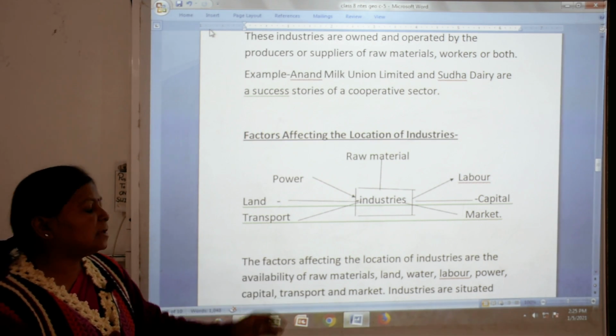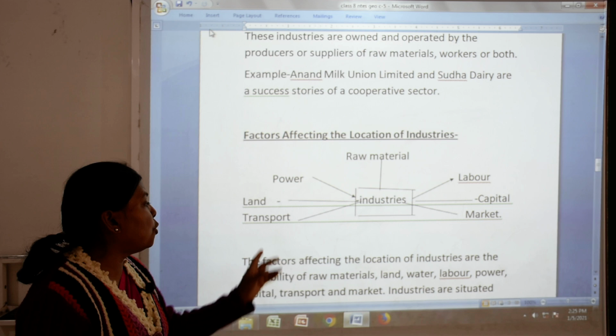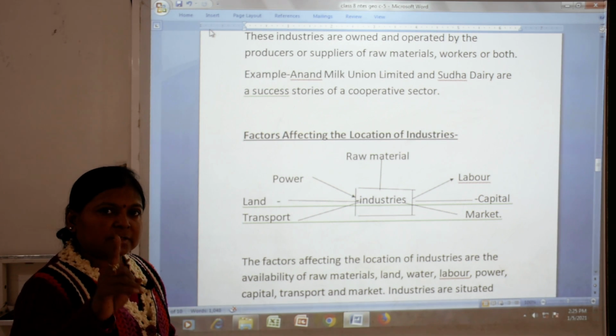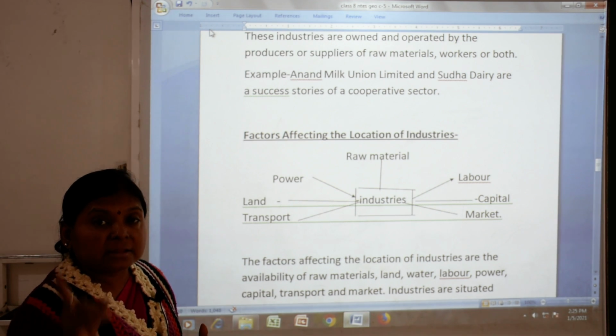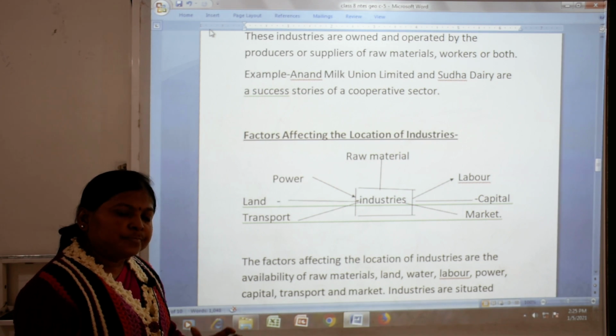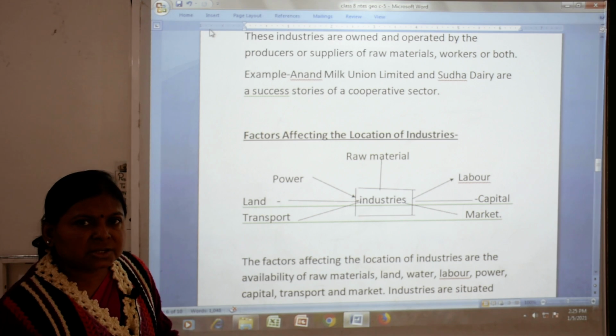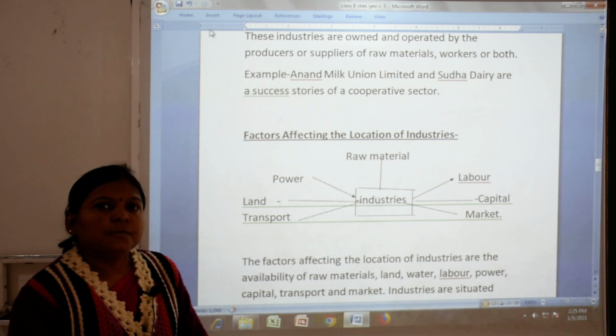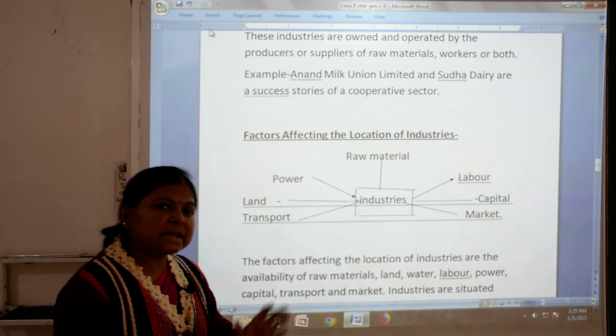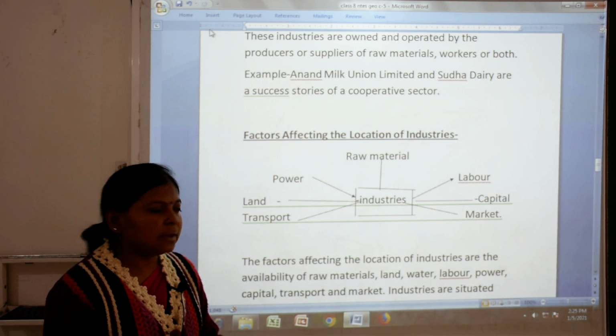So these factors also affect the location of industries. First, where do we locate the industries? Can the raw material be easily available? Where we establish this, do we have land, water, and skilled labor who can work?